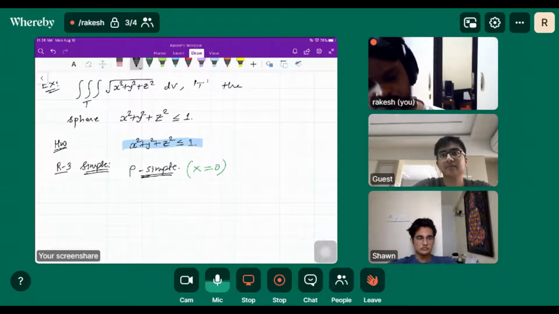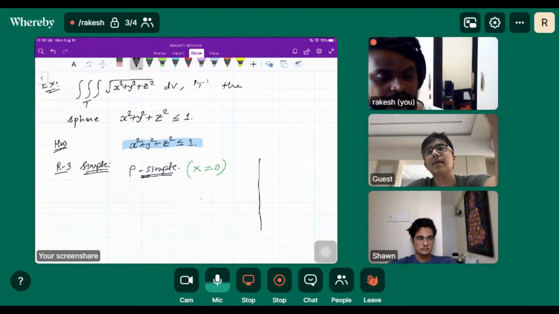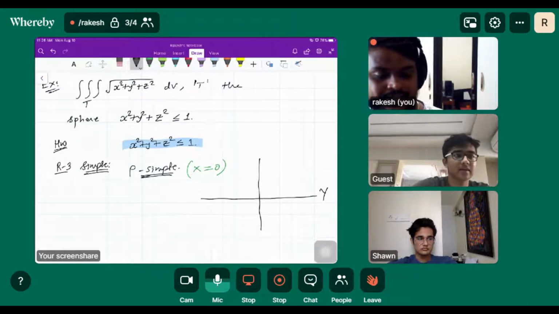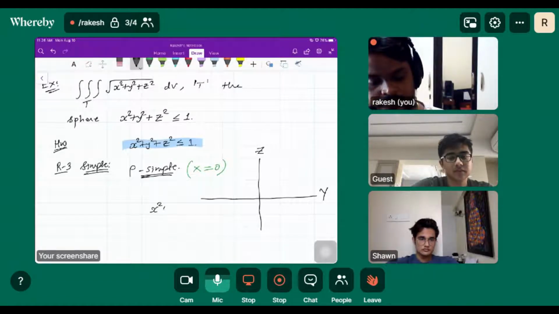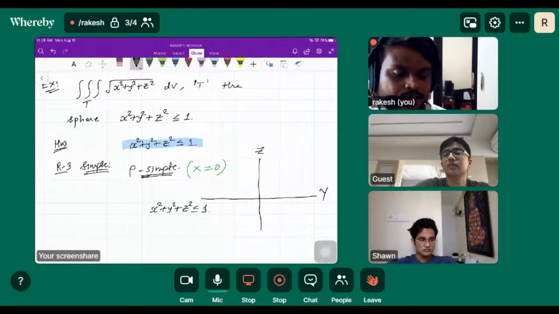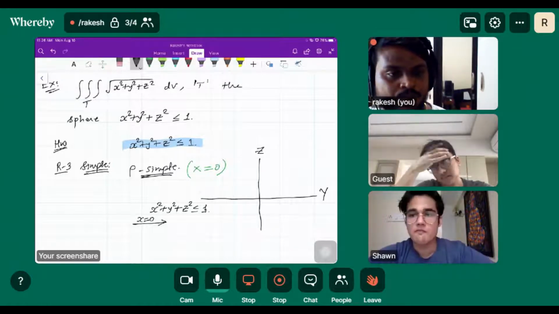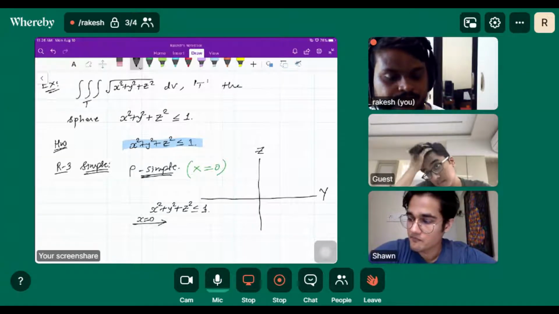The surface is x square plus y square plus z square less than or equal to 1. If you set x equal to 0, what would be the equation now?